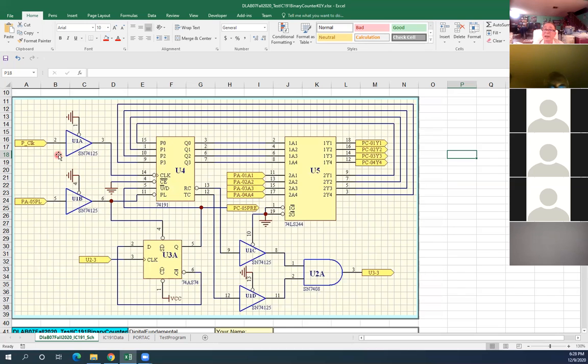Okay, no. If you get the data for this IC, you can understand pin number 1, which they call enable, active low. That only tells you pin 1 must be 0, so 2 and 3 will be the same.